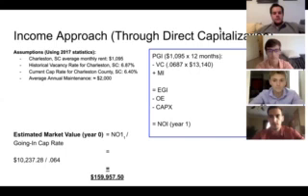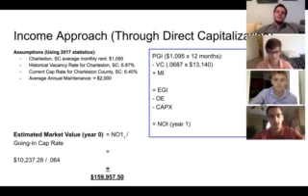So the income approach has 2 main methods, direct capitalization and the discounted cash flow method. First, we did the direct capitalization method because it's more straightforward. We had to make some assumptions for this method, and we found some statistics from the 2017 Census American Community Survey. We started off with the Charleston, South Carolina average monthly rent of $1,095, times that by 12 to get the potential gross income of $13,140.